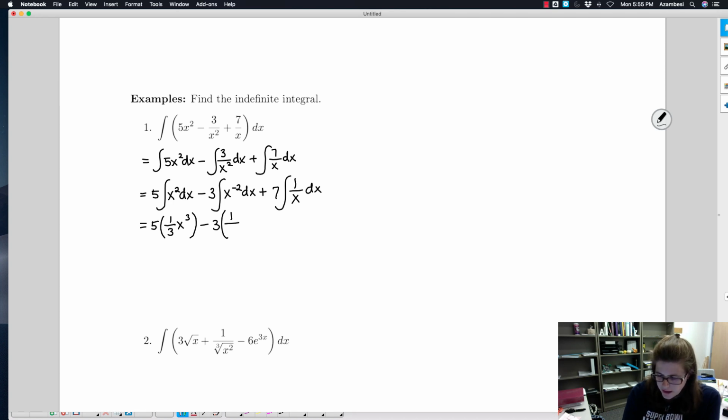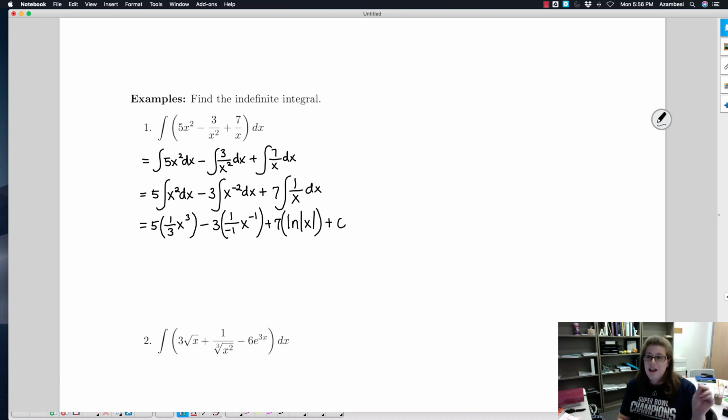So 1 over negative 1, x to the negative 1, plus 7, and we have the natural log of x plus c. Now I want you to note we only need 1 plus c. We don't need multiple plus c's, because a constant plus a random constant plus a random constant plus a random constant gives us another random constant. So you don't have to put in 1 for each one, just 1 for the whole problem.